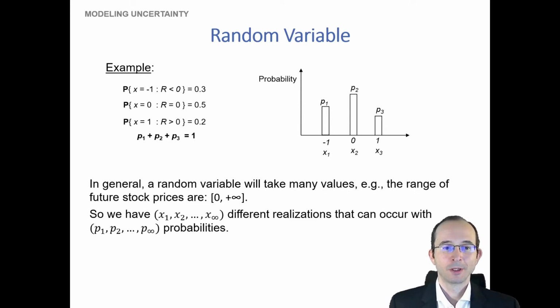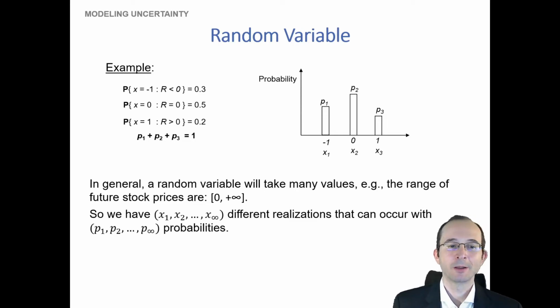So let's think about a certain random variable. It's got some probability distribution of it taking on values of, let's say, -1, 0, and 1. The probabilities have to sum up to 1, of course. The range of the possible values will really depend on what specifically we're trying to model.